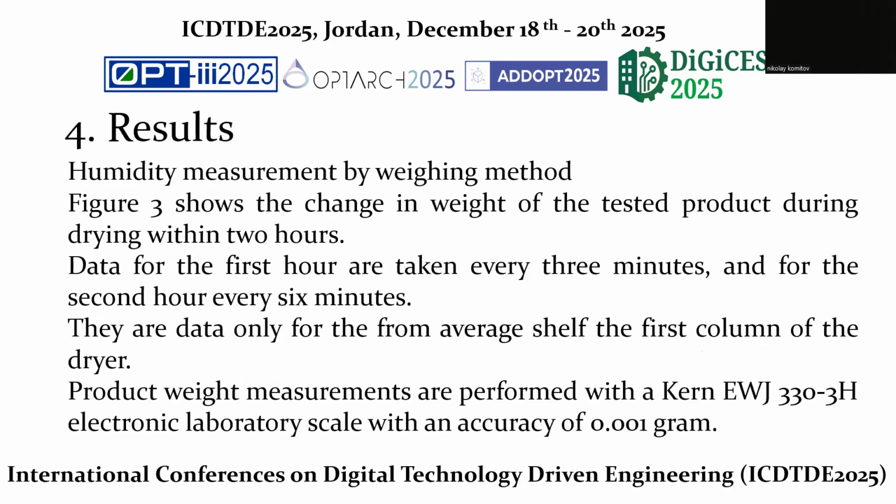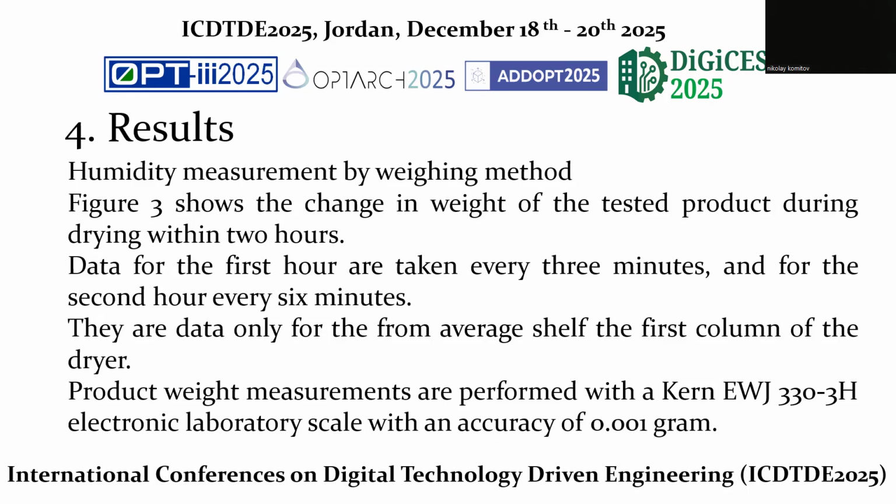Results: humidity measurement by weighing method. Figure 3 shows the change in the weight of the tested product during drying within 2 hours. Data for the first hour are taken every 3 minutes and for the second hour every 6 minutes.